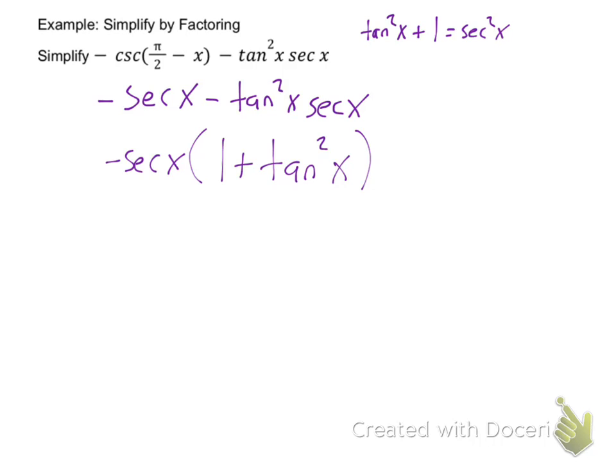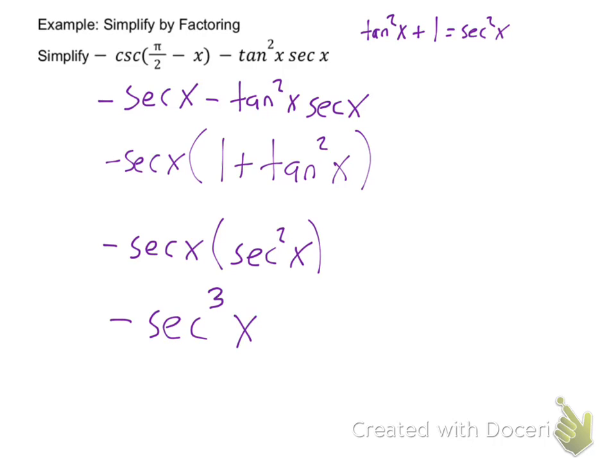Just because it's 1 plus tangent, it's the same thing as tangent squared plus 1. So therefore, I can switch that 1 plus tangent squared out with secant squared x. And when I multiply those two together, I get negative secant cubed x. Done.